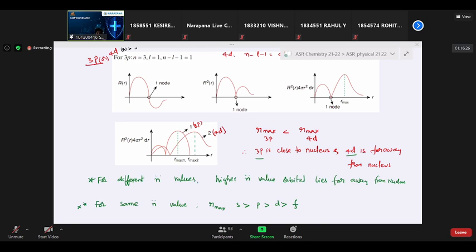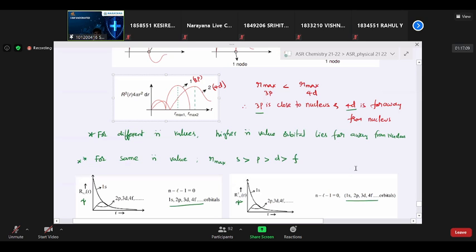Okay. So if you are taking 3s, 3p, 3d, next point I'm giving is 3s, 3p, 3d.